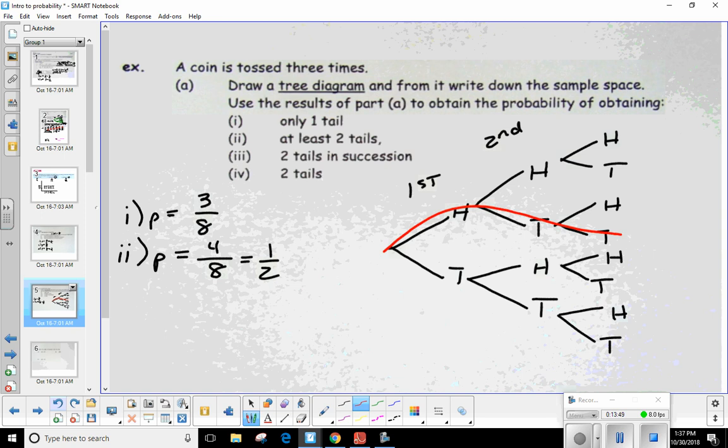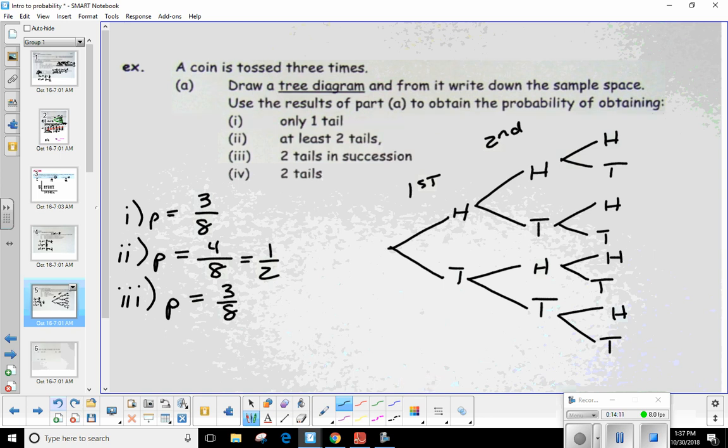Where else does that happen? Well, it definitely happens for tails, tails, tails, and tails, tails, heads. So it looks to me like I'm getting 3 outcomes. Okay. So 3 out of the 8. Good. So the probability would once again be 3 out of 8.